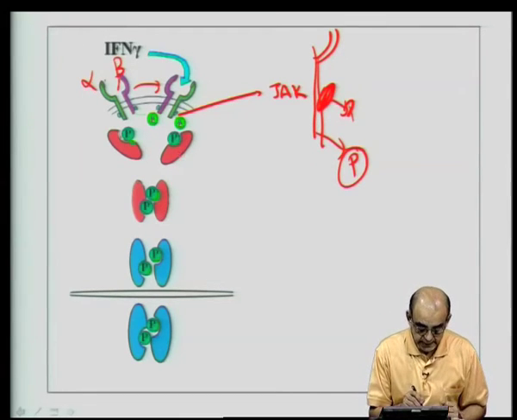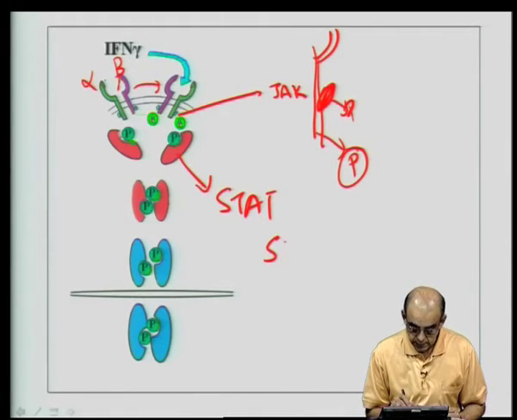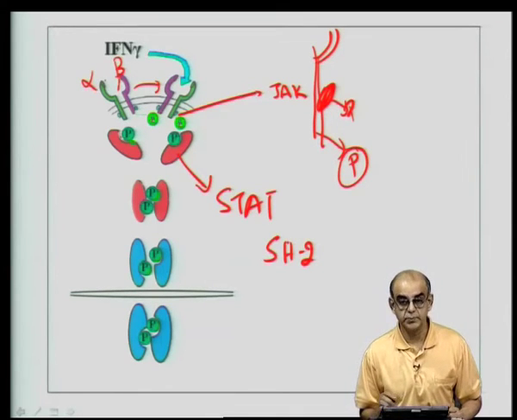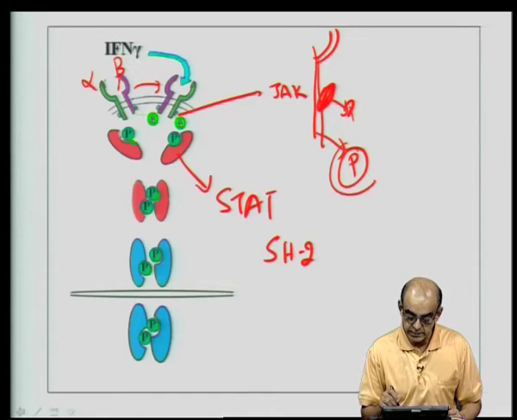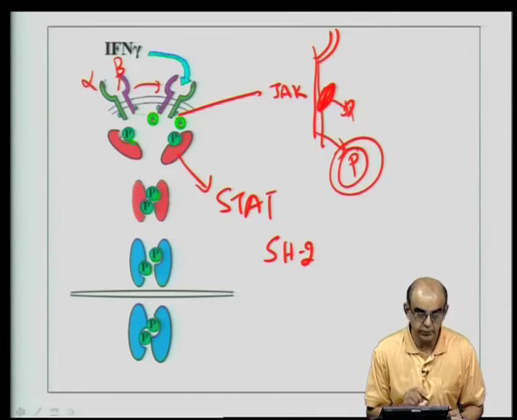Now, these are the STATs which I told you about in the last slide. These have SH2 domains, or these are called SH2 proteins. These have the ability to bind to these phosphorylated tyrosine residues, which is shown over here.